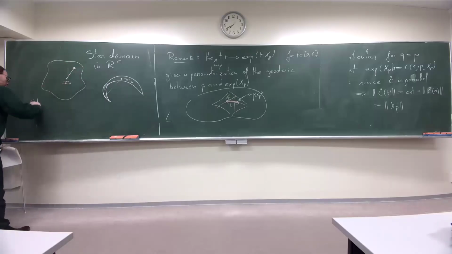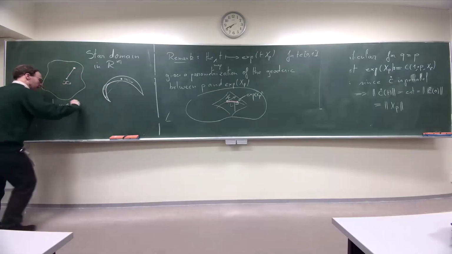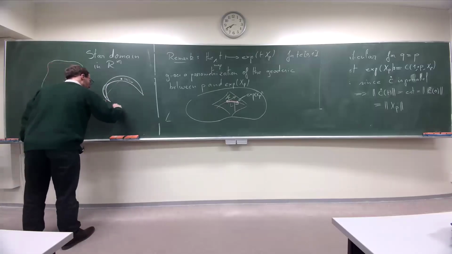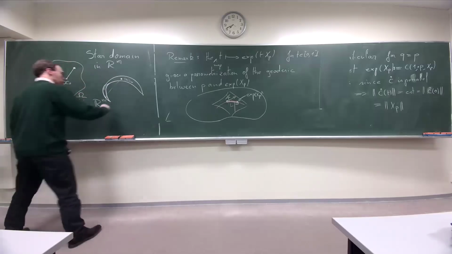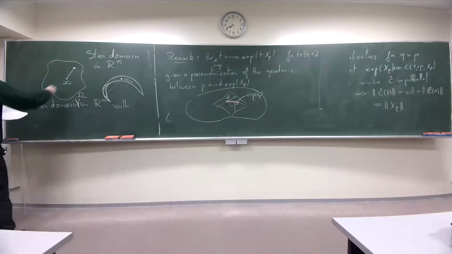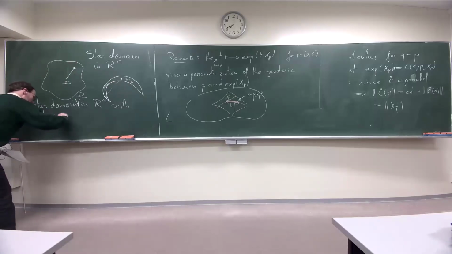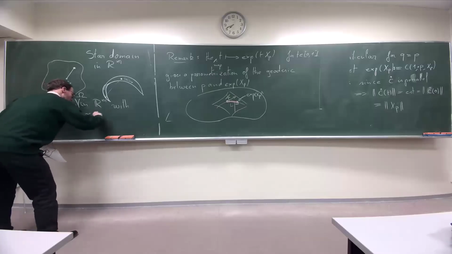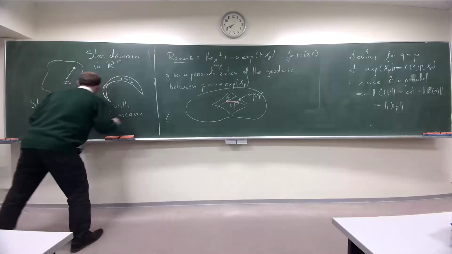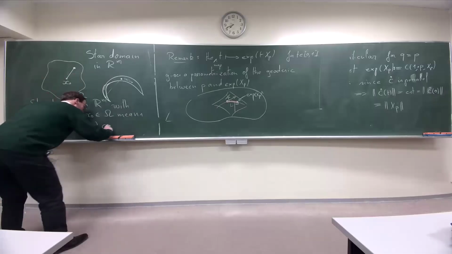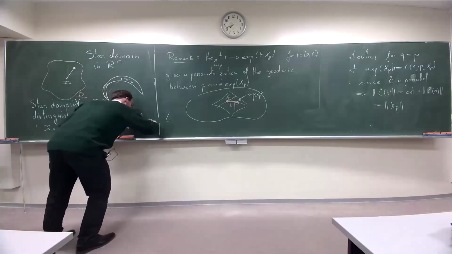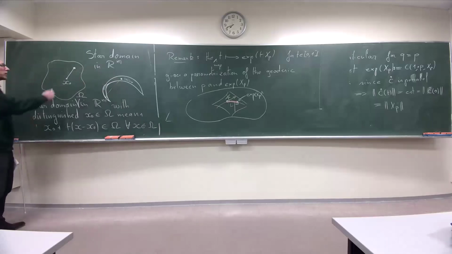So a star domain omega in Rm, you need at least one specific point, so with a distinguished x0 belonging to omega, means that this linear combination x0 plus t times x minus x0 is inside omega for any x inside omega. This is a star domain. It has this property that rays are always inside.